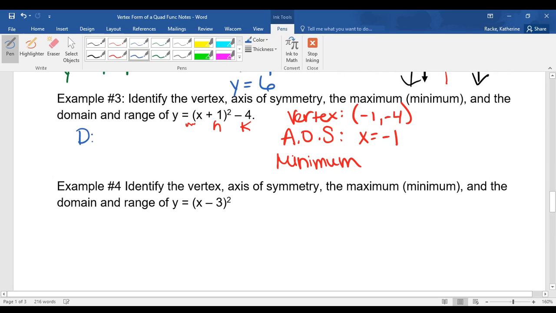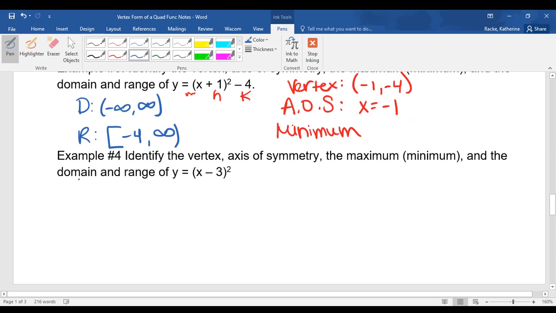We know our domain is always negative infinity to positive infinity. Our range, because it opens up and a is greater than 0, is our k value. So bracket k value, which is negative 4, to infinity, close parentheses. And that's how you identify all of those things.